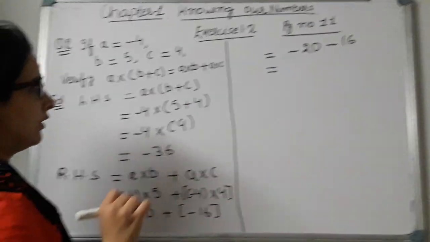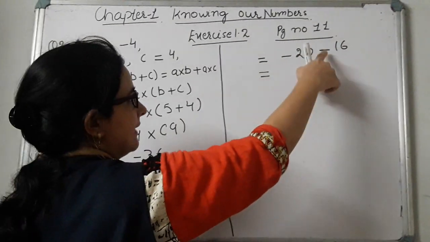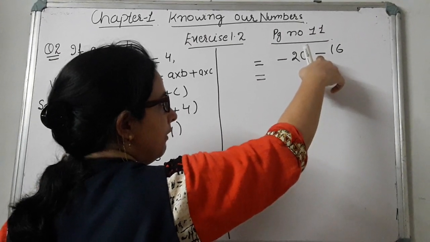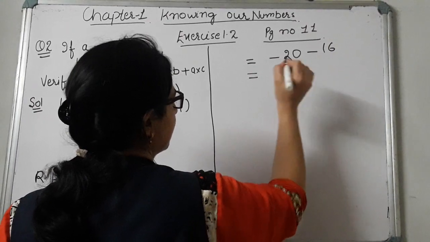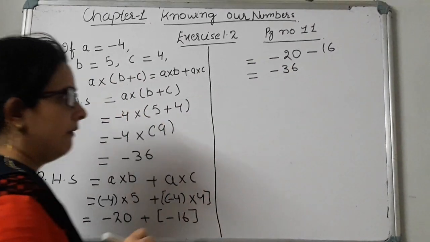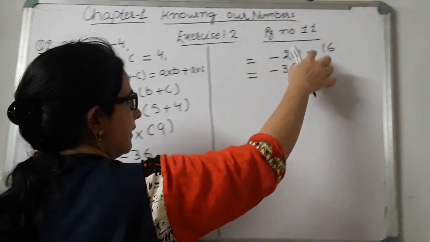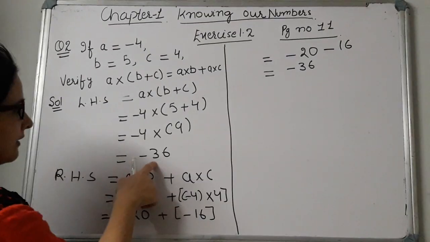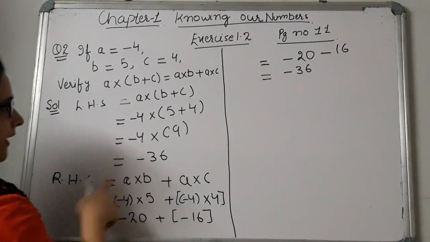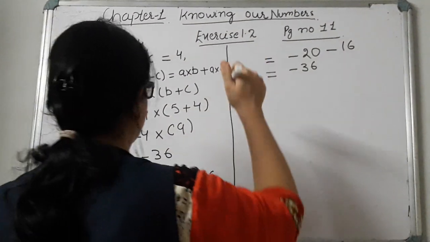Now 20 and 16 both have the same sign, it means we are going to add. 20 plus 16 is 36 and we put the sign minus because both have the sign minus. So we can see here the left hand side answer is -36, the right hand side answer is -36.